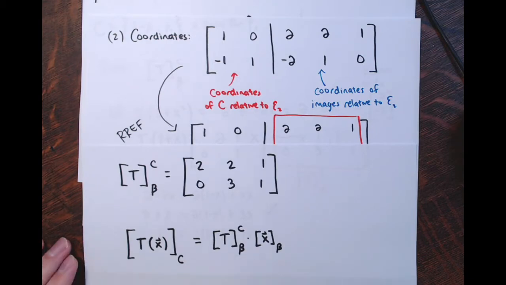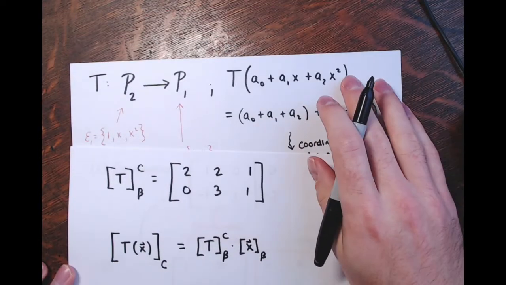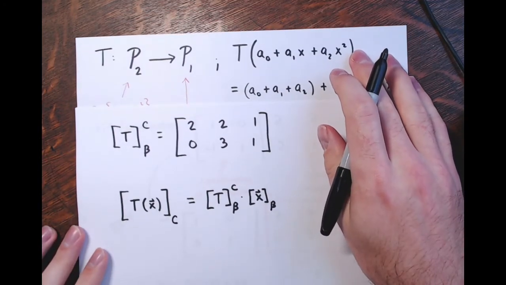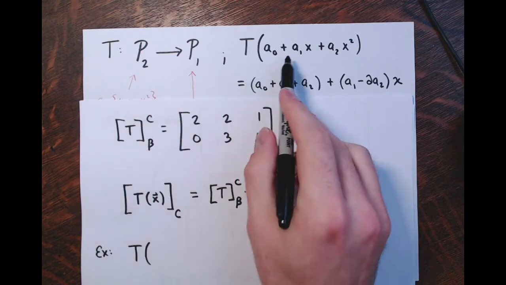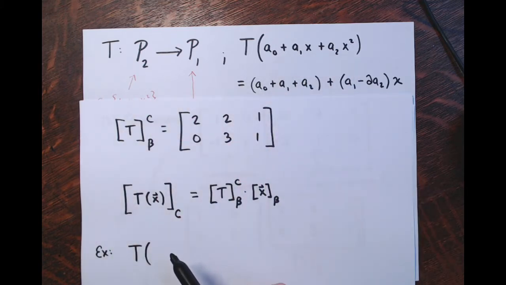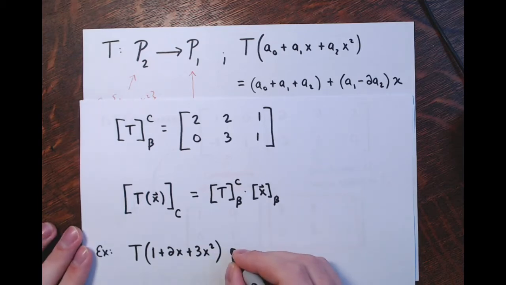And let's actually see this in action. So again, here's the transformation. And let me just do, for example, say I want T of my input's just some polynomial, relative to some polynomial degree 2 or less. How about T of 1 plus 2x plus 3x squared? Right.